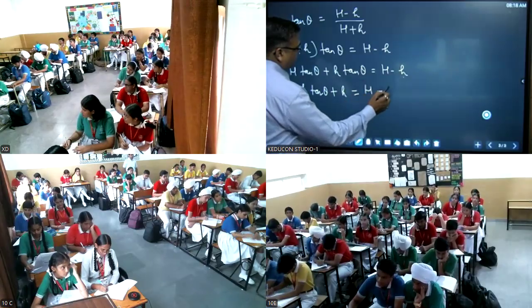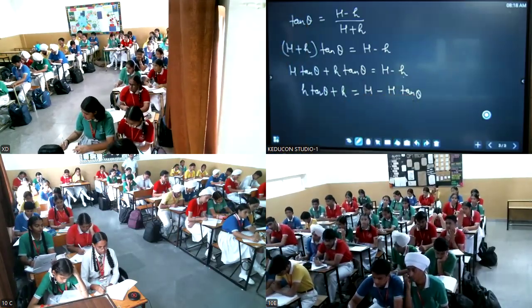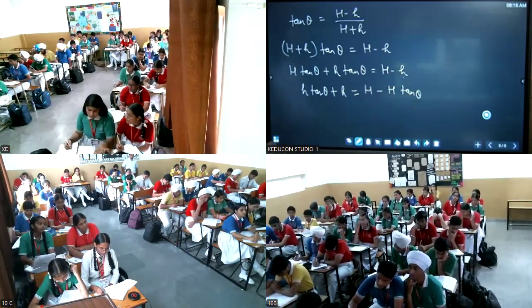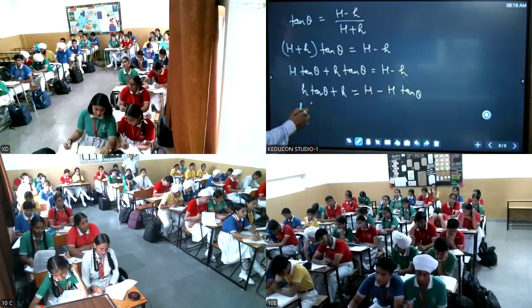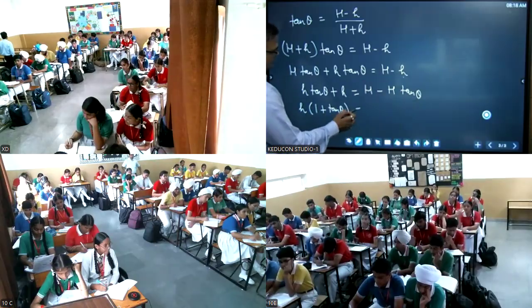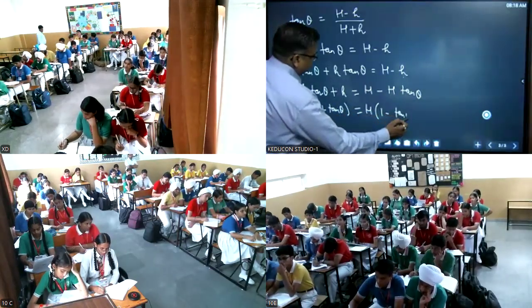H minus h tan. Is this step clear, bachcho? Yes or no? Yes, sir. H is common. This becomes 1 plus tan theta. Here h is common. It becomes 1 minus tan theta.